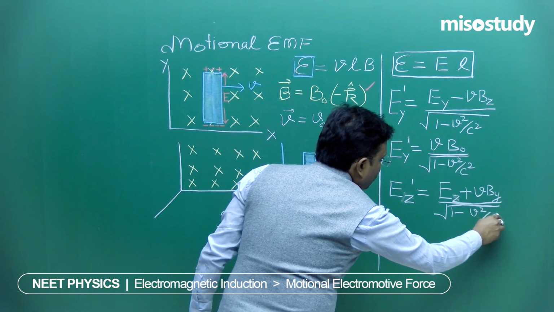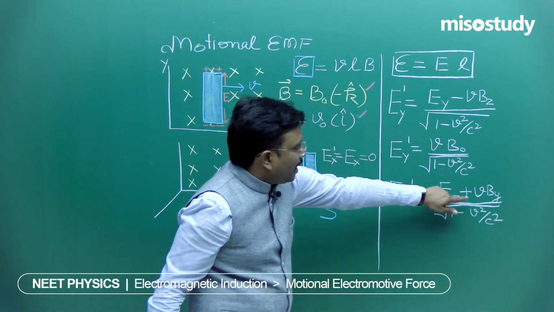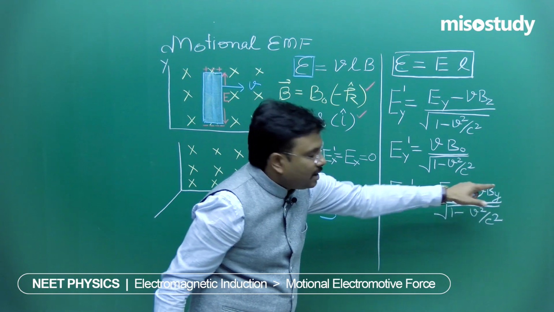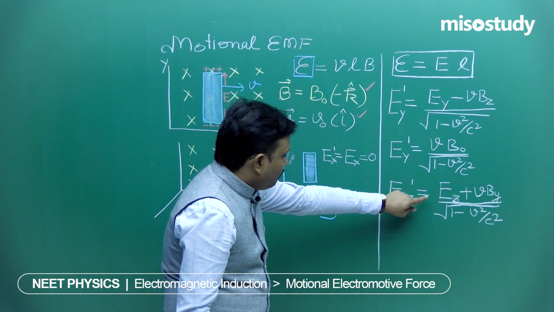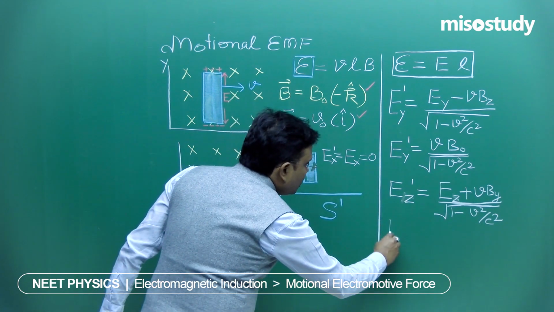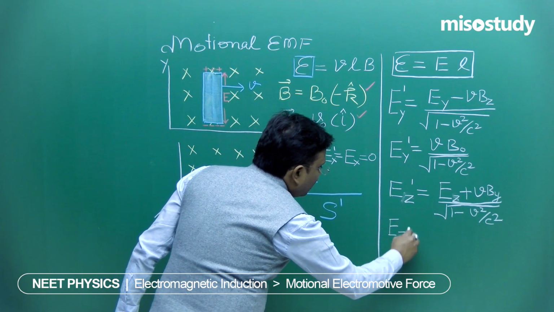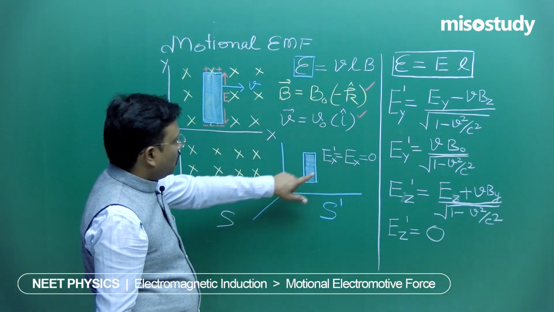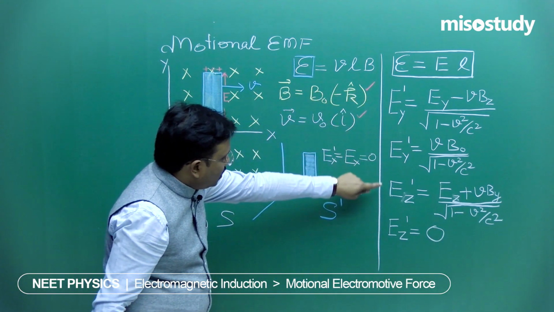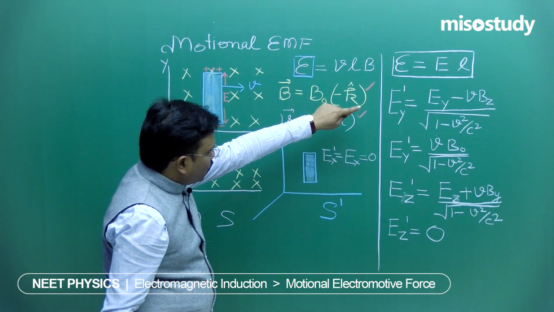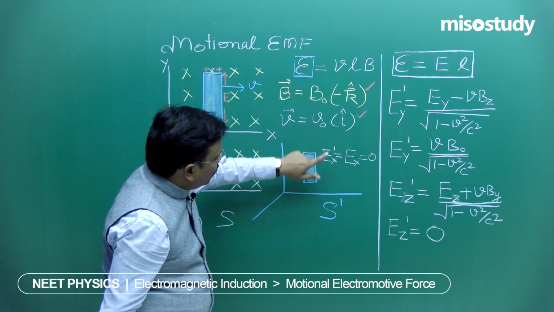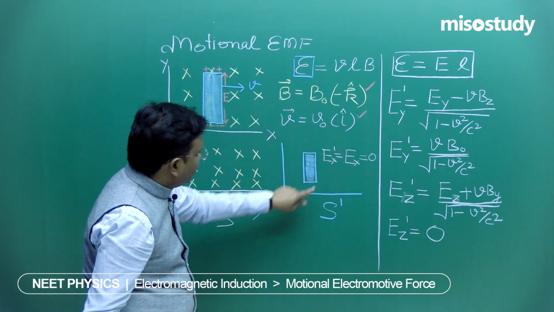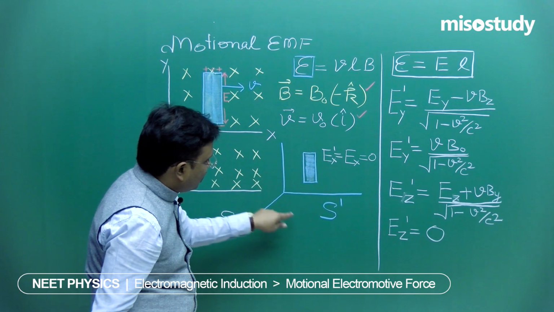Now if you take a look at this parameter, it is quite clear that the value of By is 0. So ultimately Ez prime is equal to 0. Once again I would like to request all of you, these are the values of electric field components X, Y and Z associated with this rod in S prime reference frame.